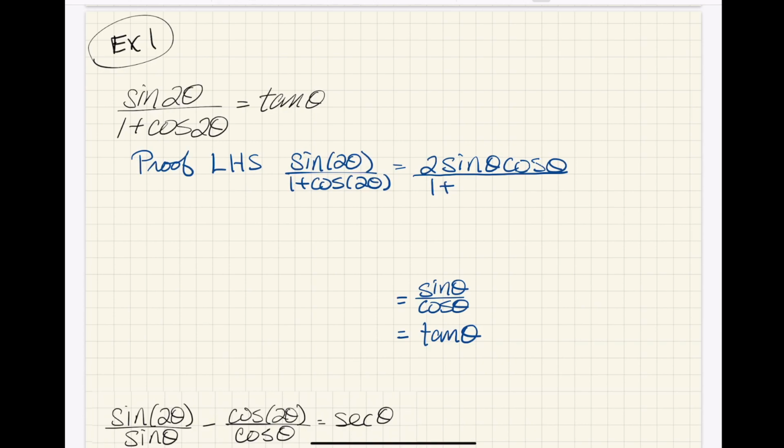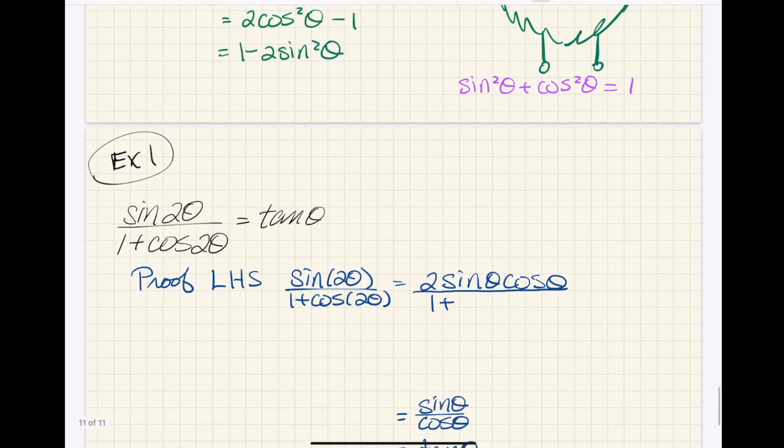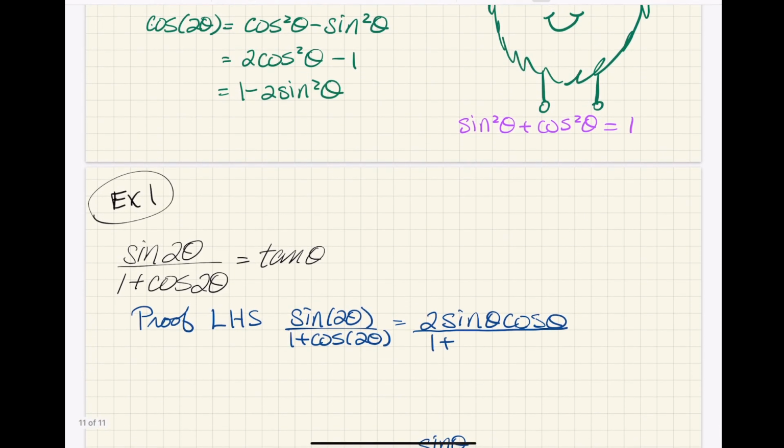Well, that means that we need to have a factor of cosine in the denominator. So it's probably not going to be a great idea to use this version of the double angle identity for the cosine of 2 theta in the denominator, because I don't want to introduce a factor of sine of theta in the denominator. I want to introduce a factor of cosine of theta in the denominator that's going to allow this cosine of theta to cancel eventually.